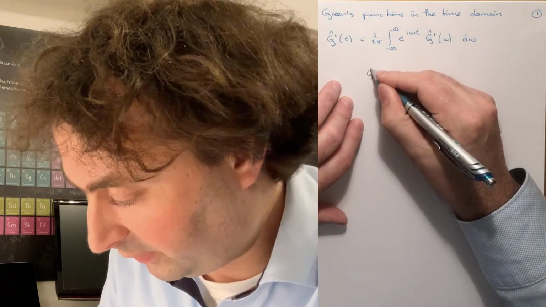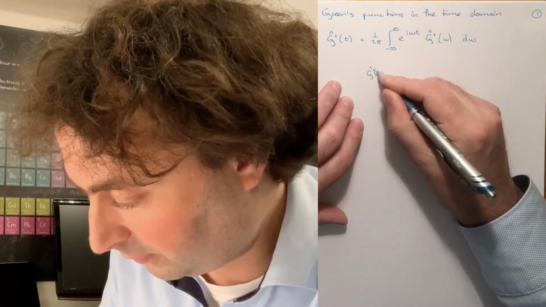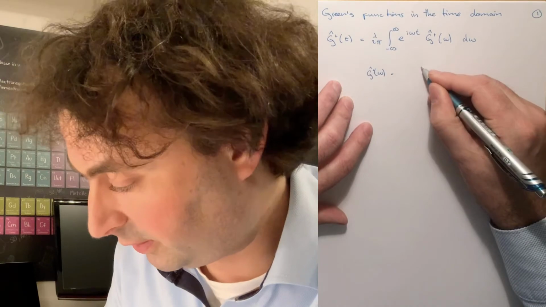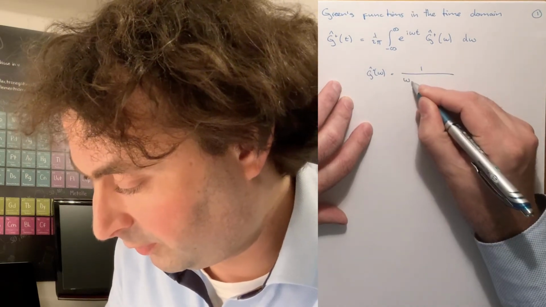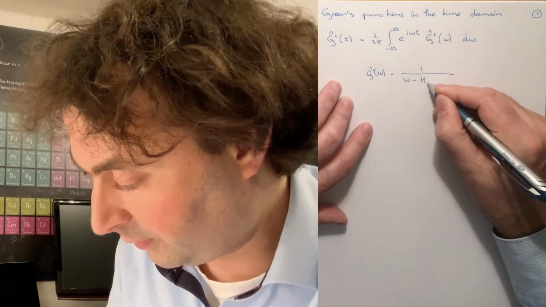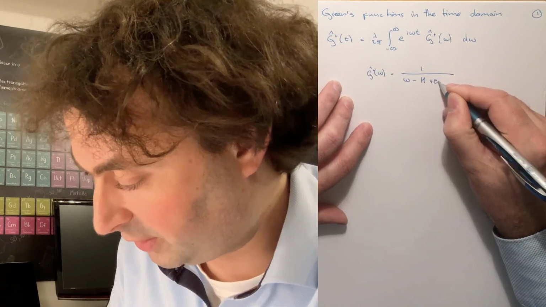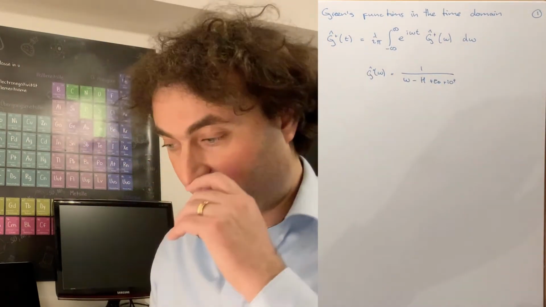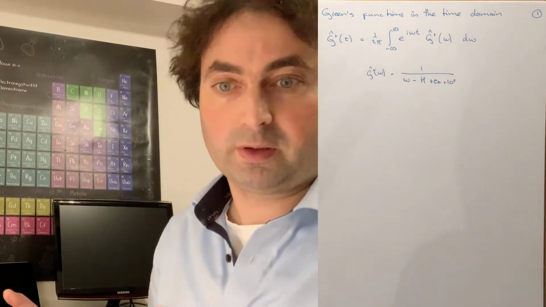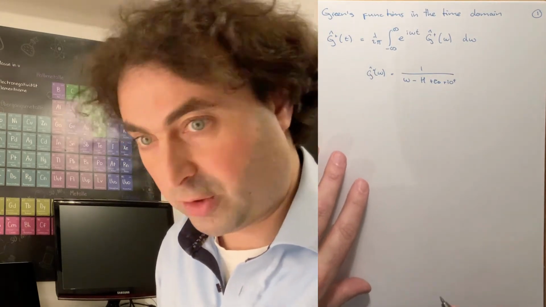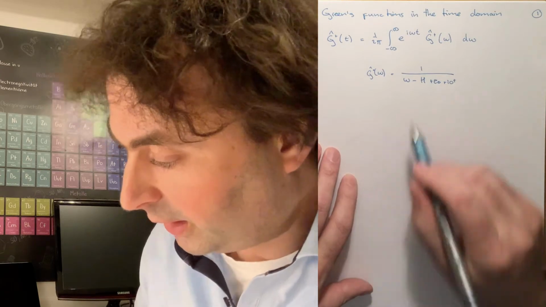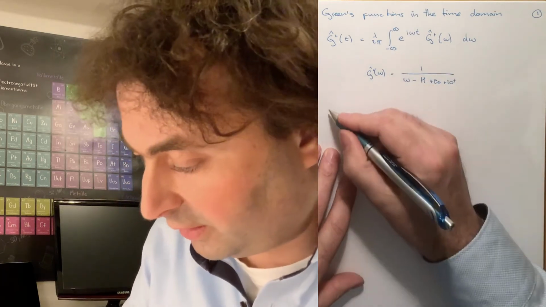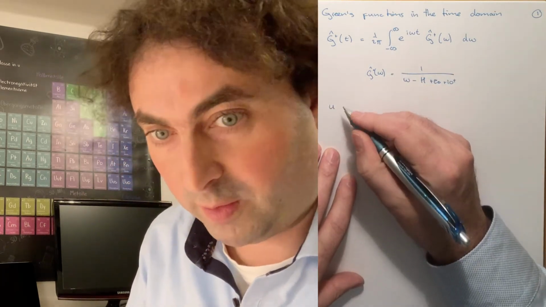And our Green's operator is defined as 1 over omega minus the Hamiltonian plus the ground state energy plus a small imaginary offset, such that we know where the poles of our Green's function are. In order to calculate this integral, we will use the residue theorem.